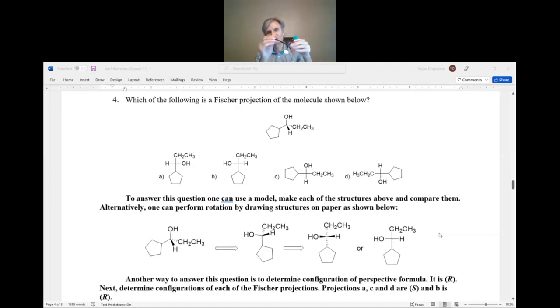Don't do something like this. This would be wrong. That horizontal bond projects away from you. That would be enantiomer. So make sure that horizontal bond always projects towards you. So the horizontal bond, that's bow tie projection, has to project towards you.